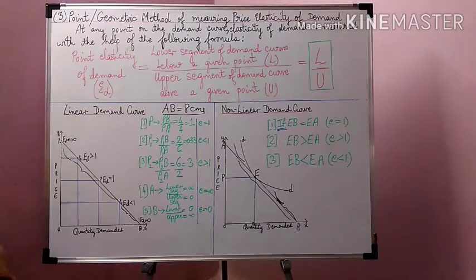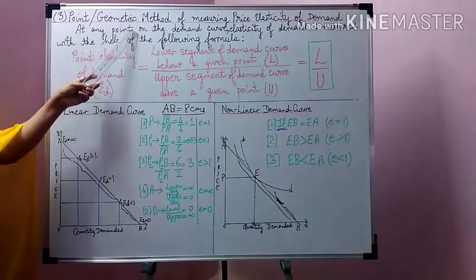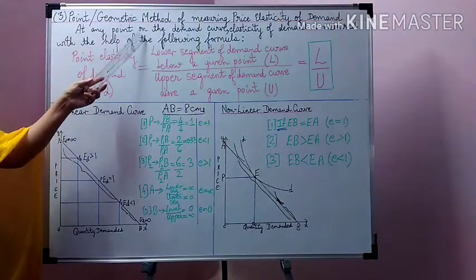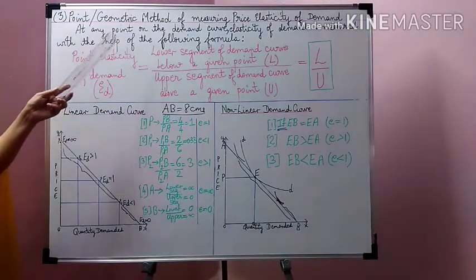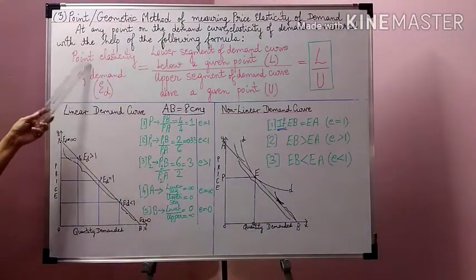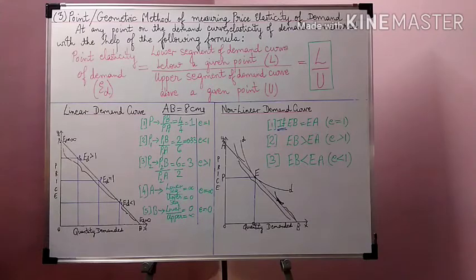Thus we have three important methods to measure price elasticity of demand. All three are distinct. The first one that we have studied is ratio or proportionate method, taking the ratio of percentages of quantity demanded change to a change in price.